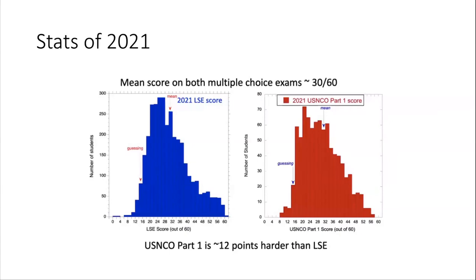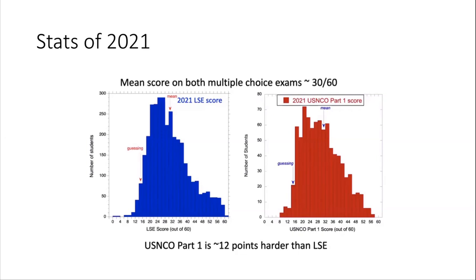So you can clearly see, if you purely guess, the average is supposed to be 15 points, right? One quarter times 60. But the mean in the 2021 local exam, the LSE, local section exam, is about 31, right? So 50%.